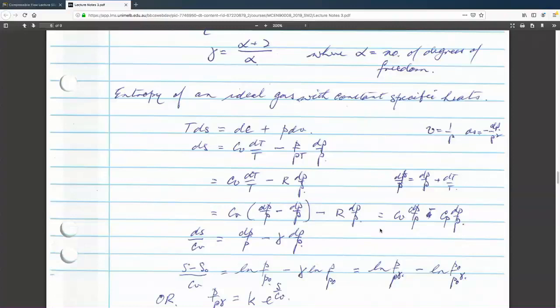So I get S minus S naught over Cv is the logarithm of P minus the logarithm of P naught, which is the log of P over P naught, minus gamma log of rho over rho naught.